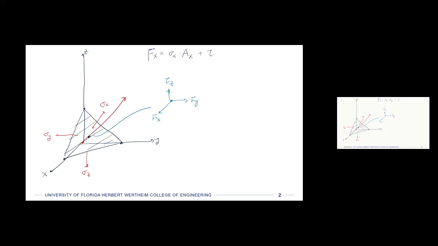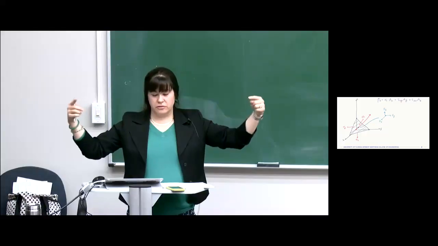So then we'll do tau xy times the area of the y face plus tau xz times the area of the z face. Okay? And so this is just from sum of forces along the x direction.